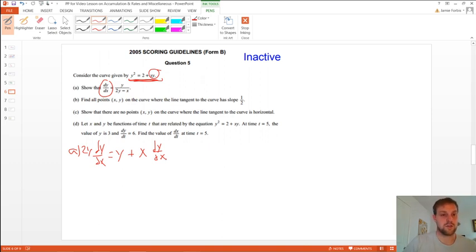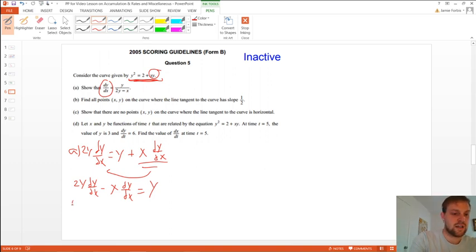Okay. So now all you've got to do is solve for dy over dx. I'm going to get all of those terms to the other side. So I'm going to say 2y dy over dx minus x dy over dx equals y. I'm going to take a GCF of dy over dx out.